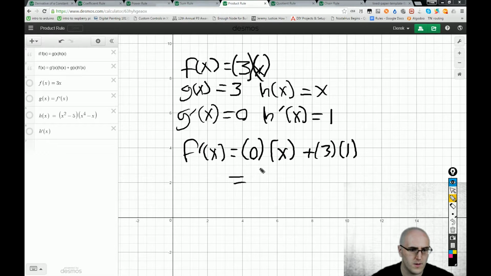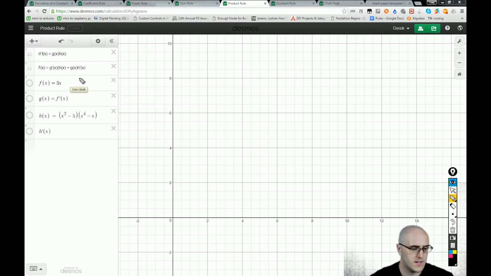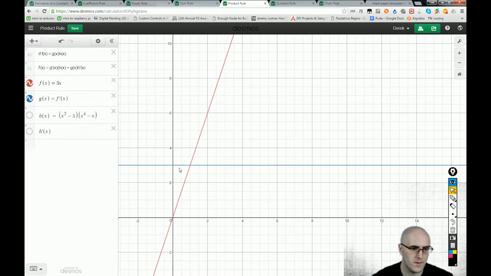So we end up with 3. That's all, because this right here cancels. Simple enough. Let's see if we got it right. So here we have our f of x equal to 3x, and this derivative here should just be a line through 3. Yep, there we go.